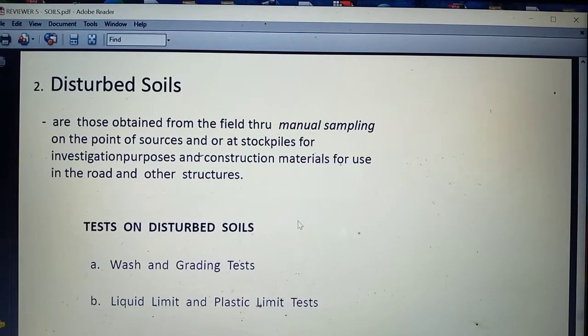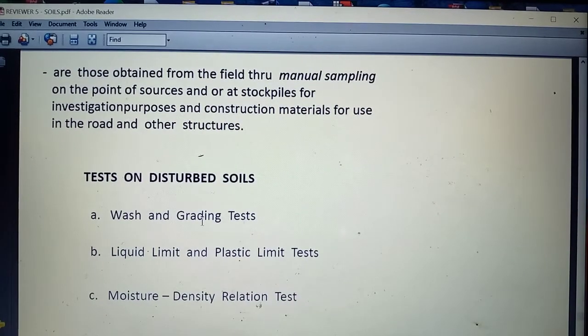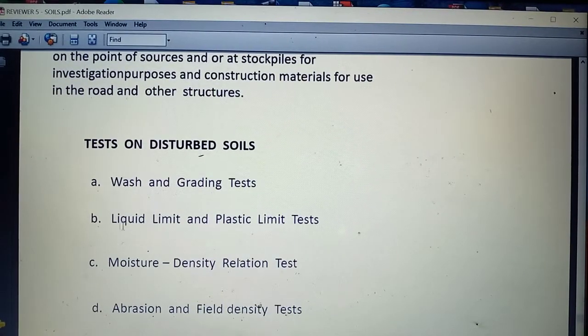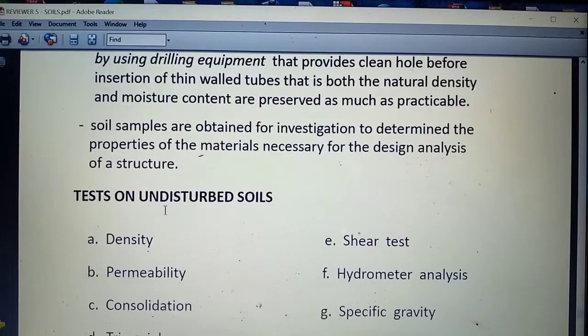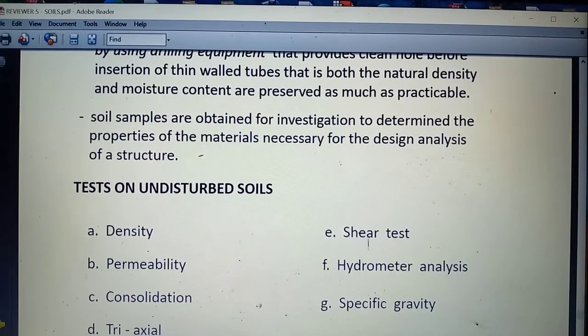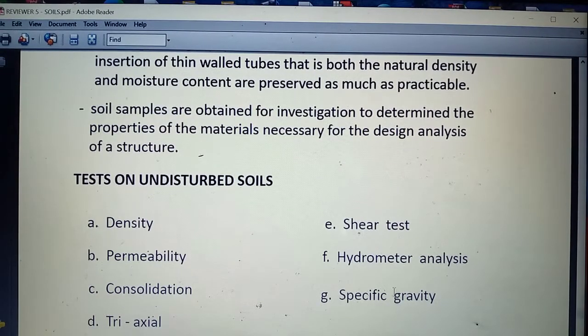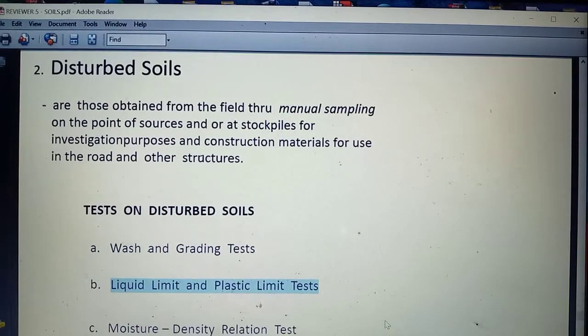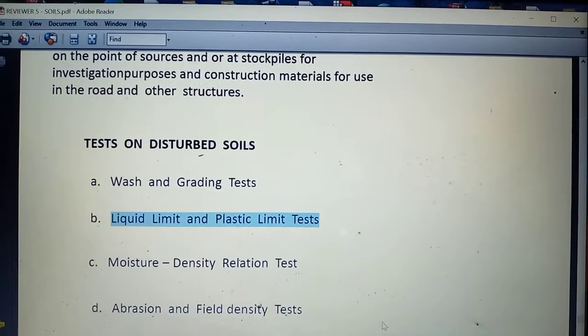Ito, manual sampling. Okay? So, wash and grading tests. Okay? Liquid and plastic limits test. Okay? So, just take note the difference of the tests na ina-apply ni undisturbed at disturbed. Ito naman kay disturbed, yung wash and grading test, liquid limit and plasticity limit tests.